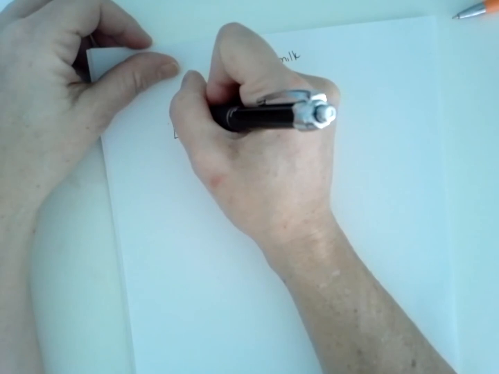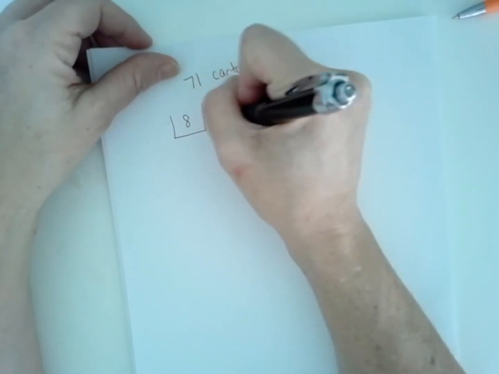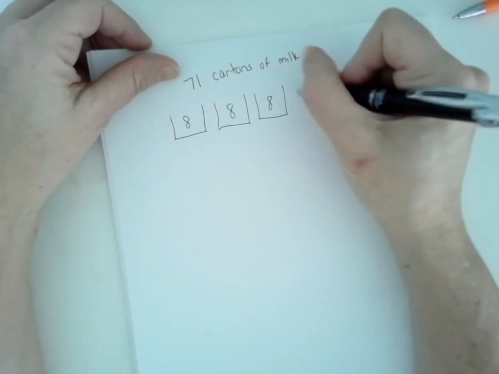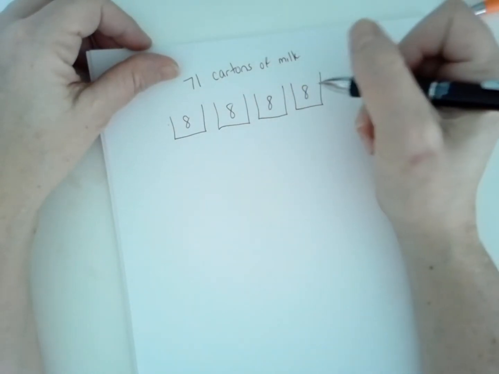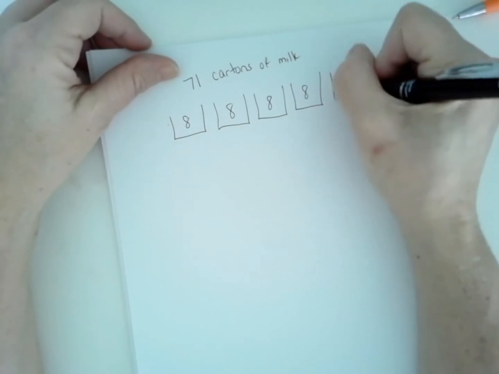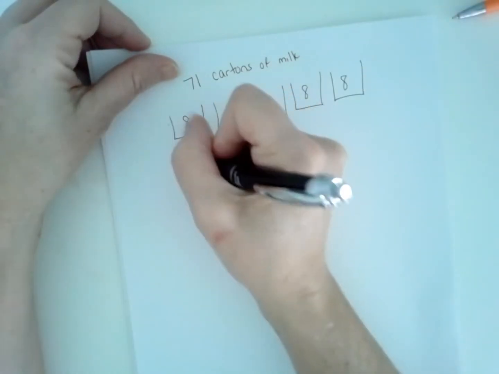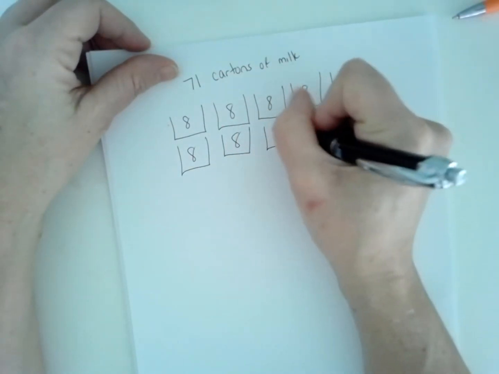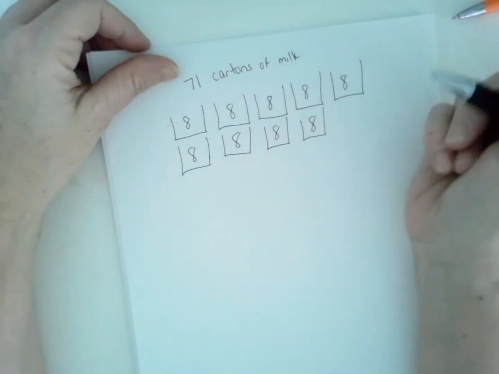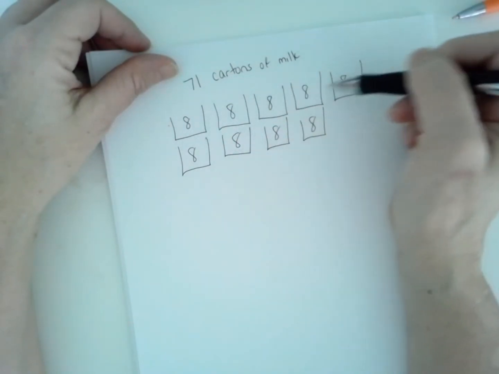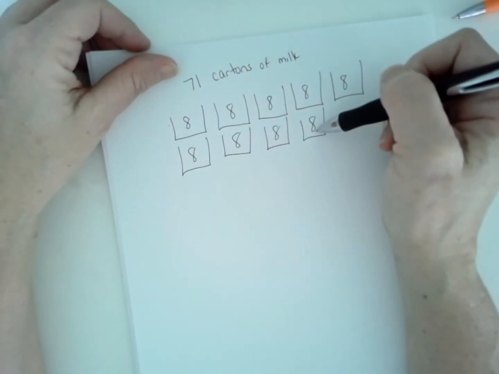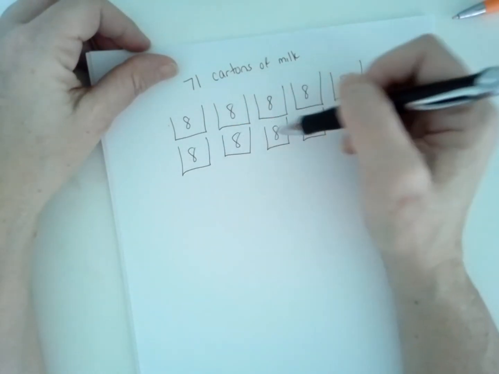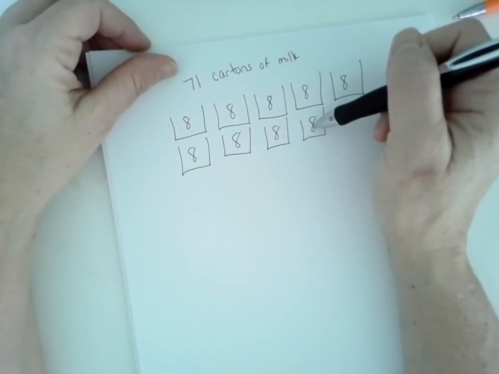And each crate holds 8. So 1, 2, 3, 4, 5, 6, 7, 8, 9 times 8. 9 times 8 is 72.